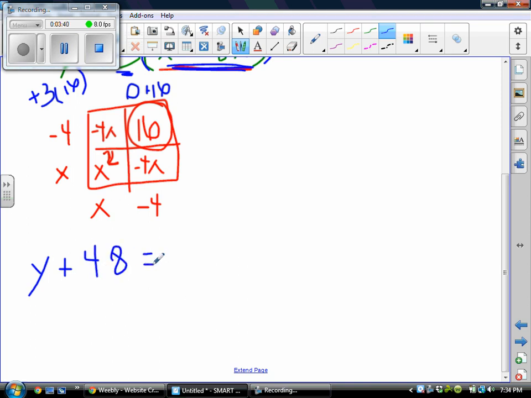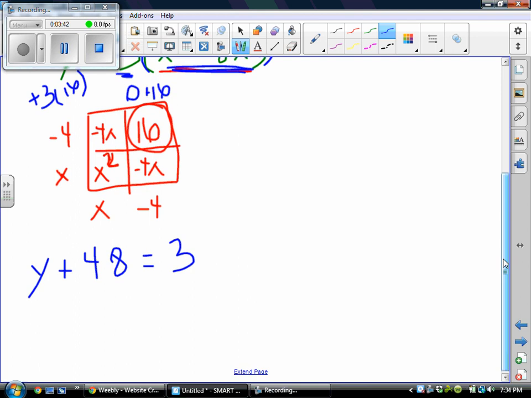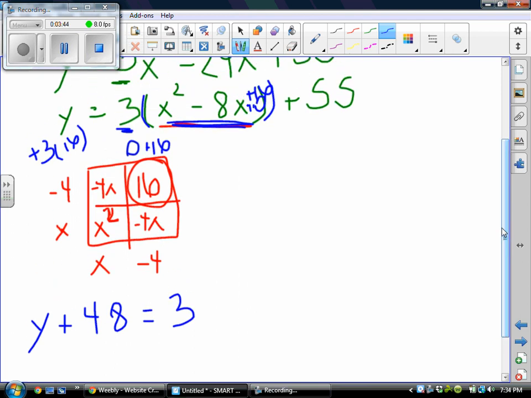And I still have that 3 in the front, the 3 I factored out. That still needs to be in my answer. Times, instead of writing it as a sum, which my square is, I want it to be the product, which is just length times width. So I have x minus 4. Since I have 2 of them, I can just write it squared. Then I have my plus 55 on the end.